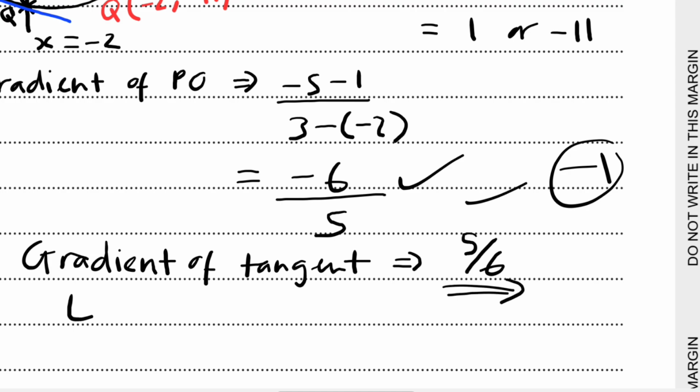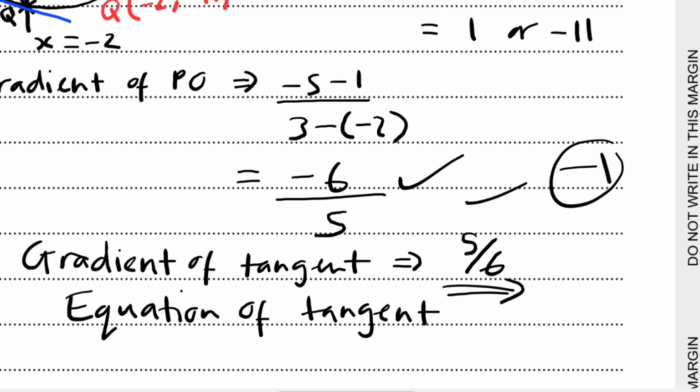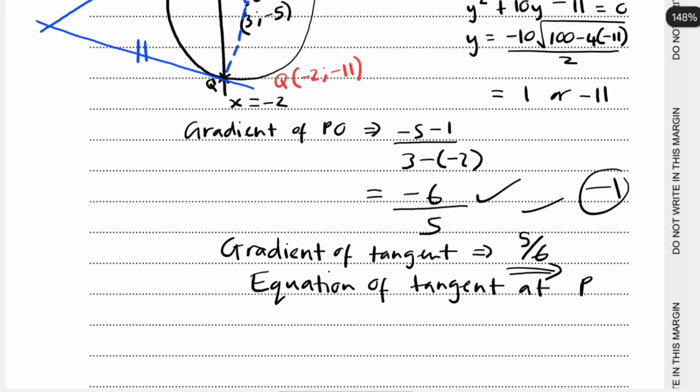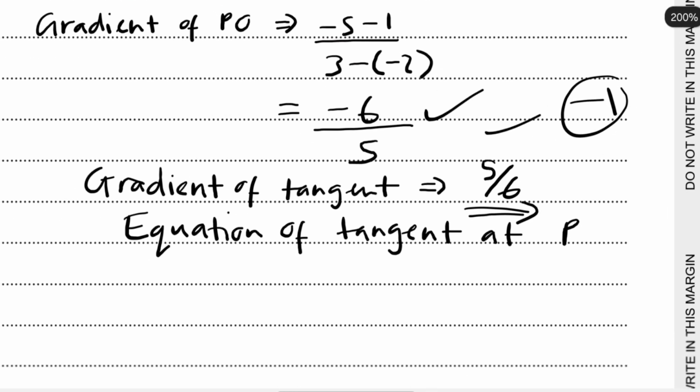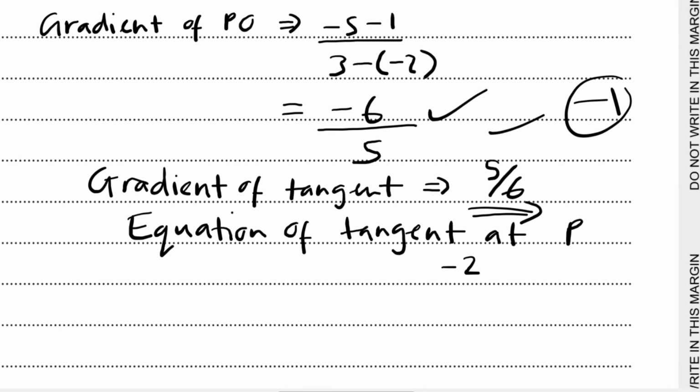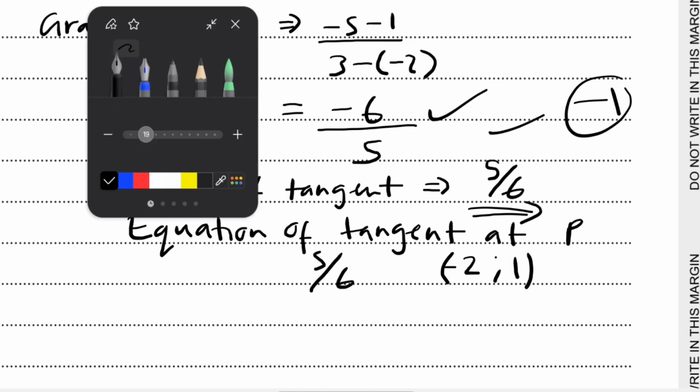So now to find the equation of tangent at P, note the point P is (-2, 1), and the gradient we have is 5 over 6, right?